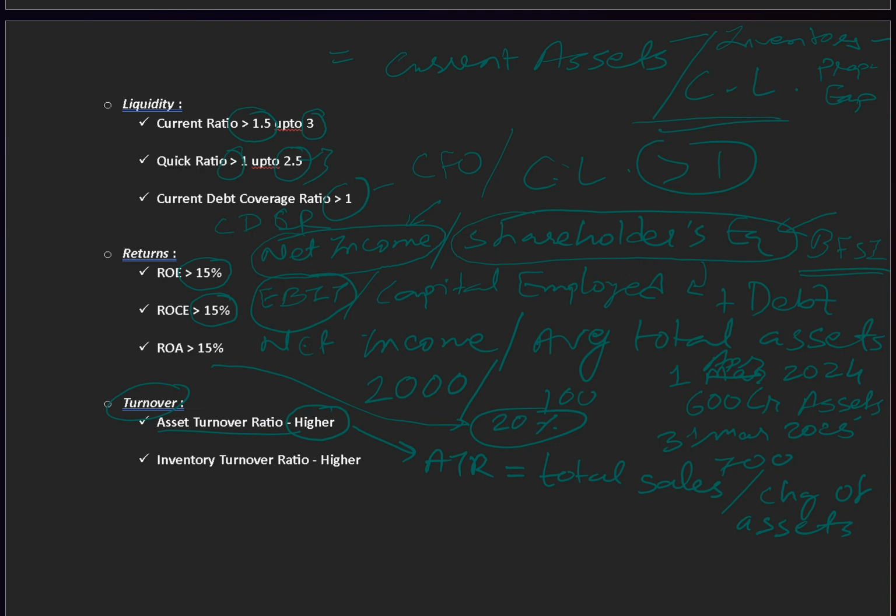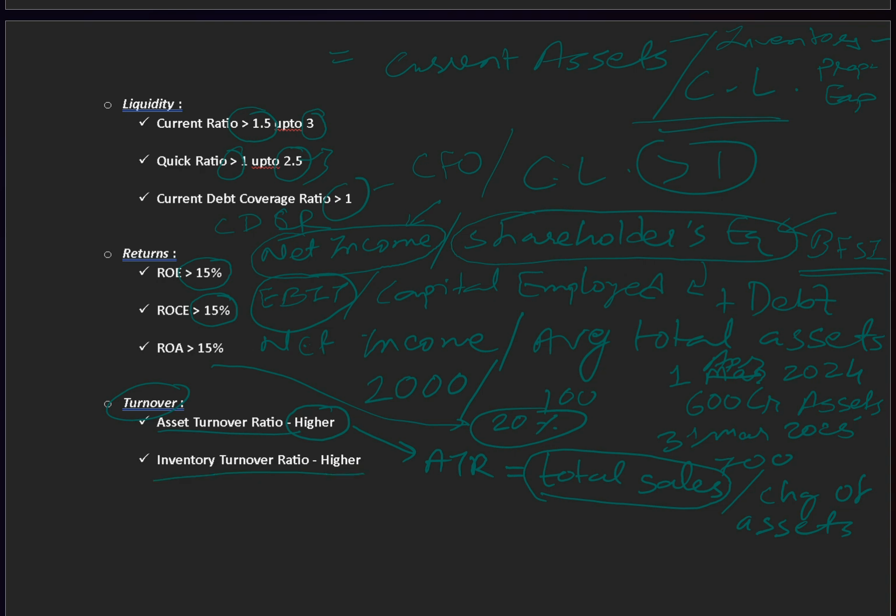This shows how effectively the company is able to use its assets for generating higher sales. So the asset turnover ratio should be higher.